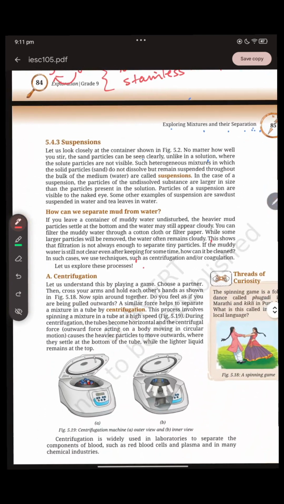Moving on to suspension. What are suspensions? They are heterogeneous solutions, right? When you see one of the components is not mixing and settling down, that forms a suspension.